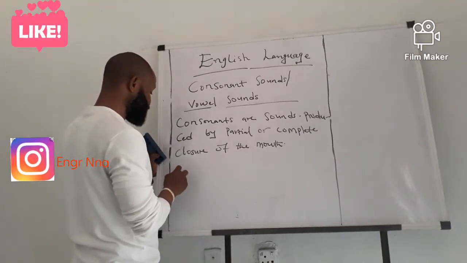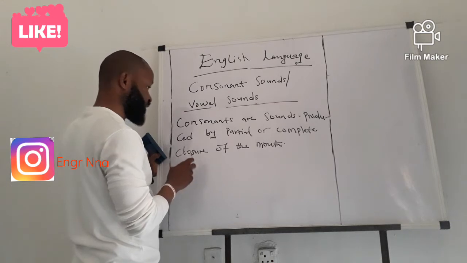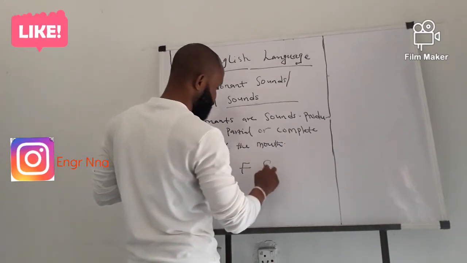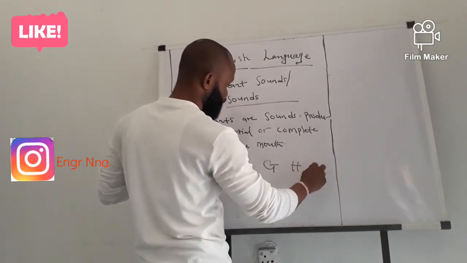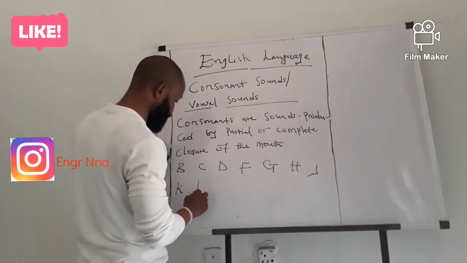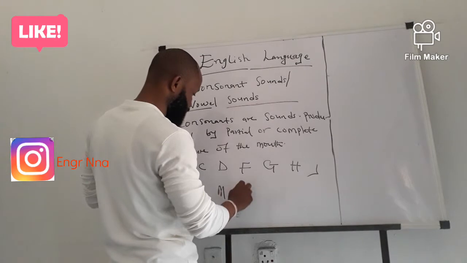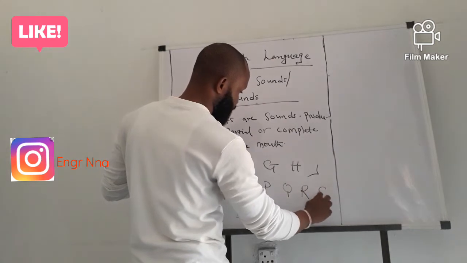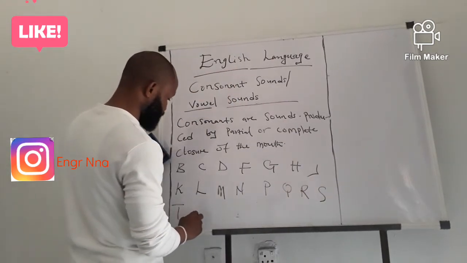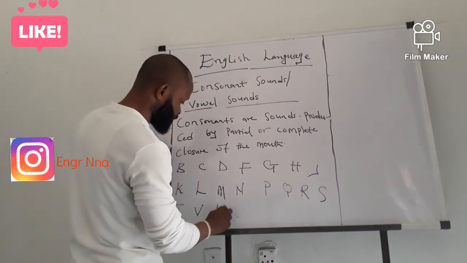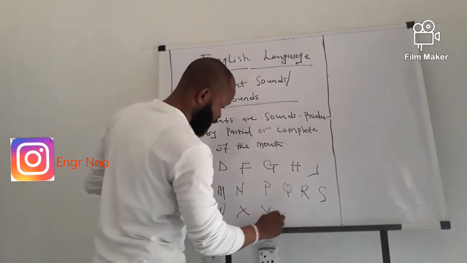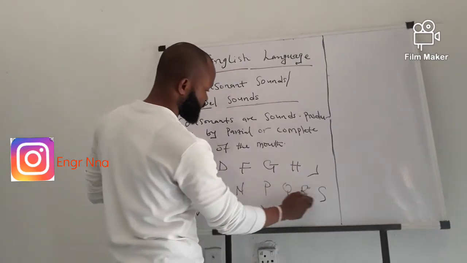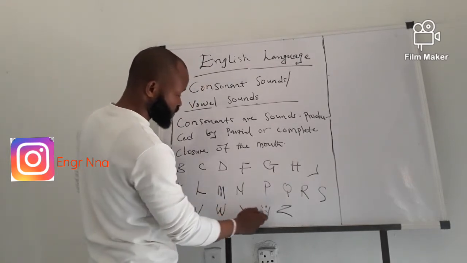We have B, C, D, F, G, H, J, K, L, M, N, P, Q, R, S, T, V, W, X, Y, Z. We have 1, 2, 3, 4, 5, 6, 7, 8, 9, 10, 11, 12, 13, 14, 15, 16, 17, 18, 19, 20, 21.